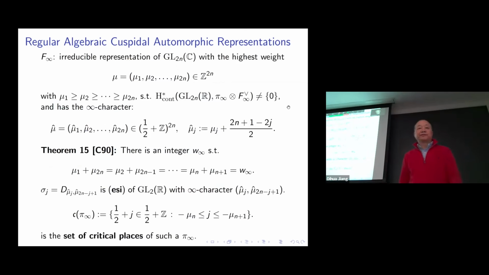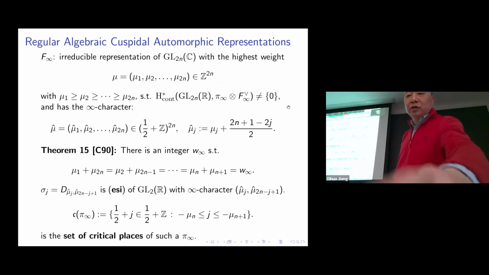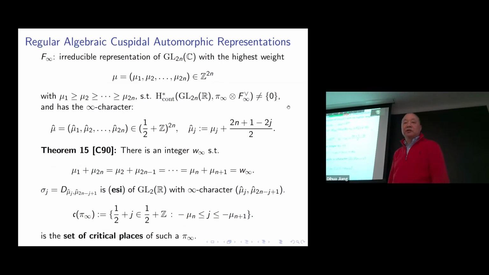Very important, because in order to formulate that the representation is cohomological, you need a coefficient system. This is a finite dimensional representation of the dual group. And then cohomological non-vanishing means you realize it in the continuous cohomology, non-vanishing. The point is these characters have a pattern and satisfy this twist dual relation.